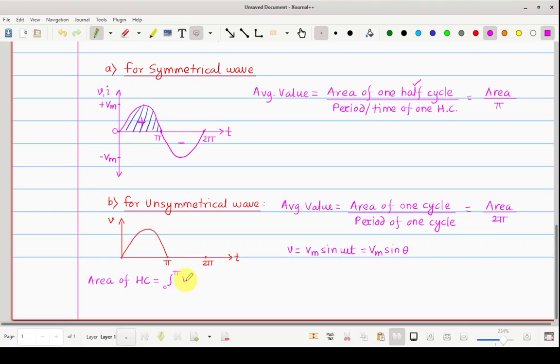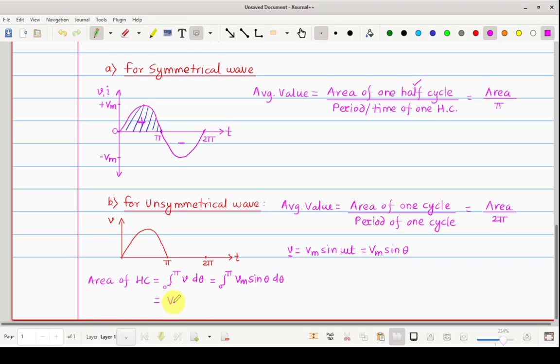The waveform is the voltage waveform V, which contains a theta term, so you have to integrate with d theta. Putting in this equation, you get the integration from 0 to pi of Vm sin theta d theta.